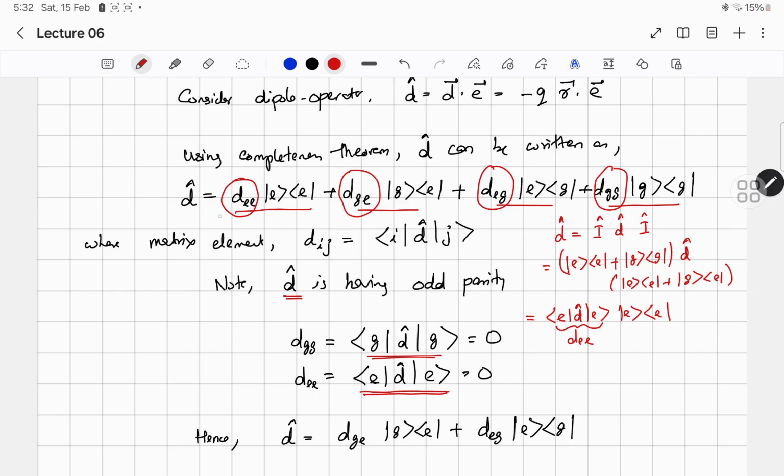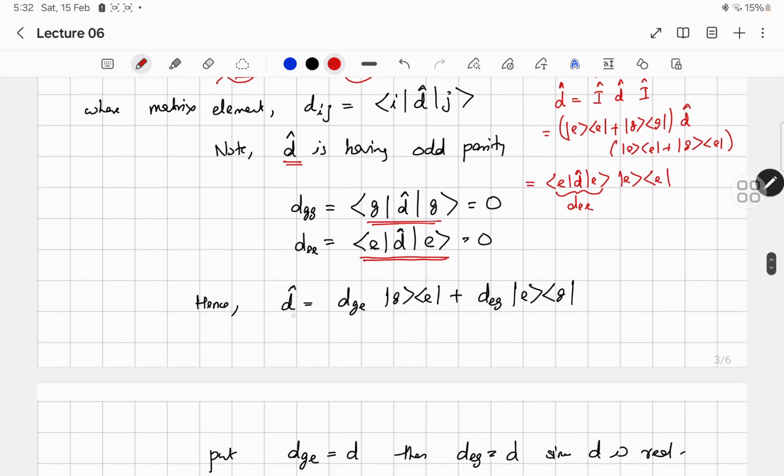The first one, D_ee, goes to 0, and D_gg goes to 0. So you will have only two matrix elements, D_ge |g><e| plus D_eg |e><g|.